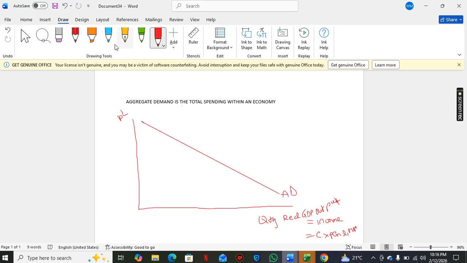At high price levels, expenditure is low. At high price levels, spending within the economy is low.